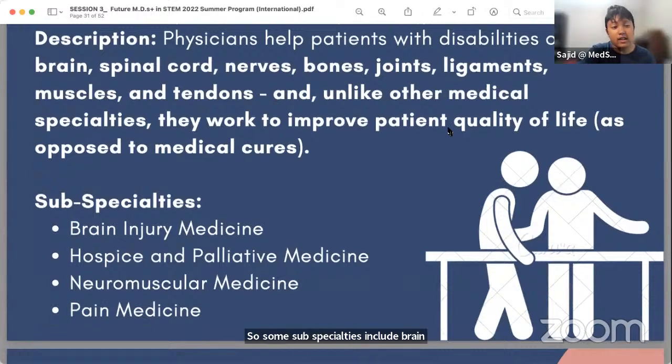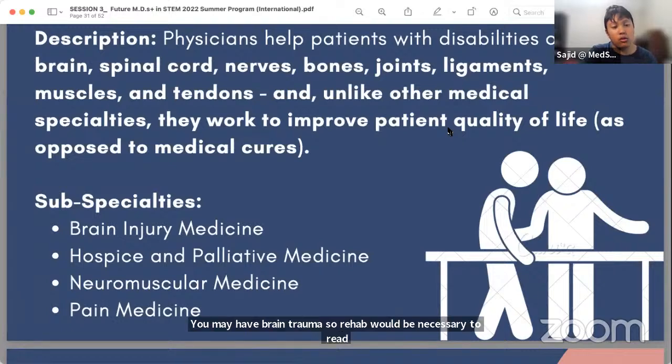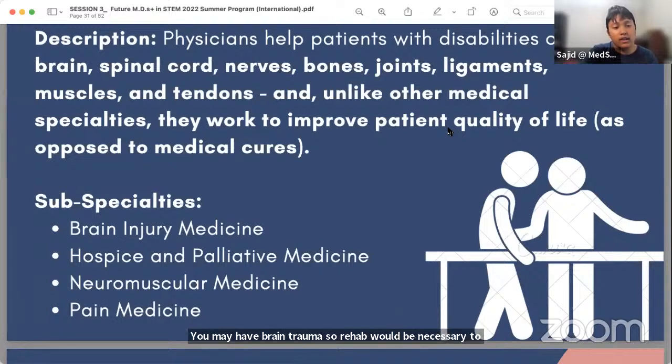So maybe in a car accident, you may have brain trauma. So rehab would be necessary to regain control of your brain. And then you have hospice and palliative medicine. So this is patients that are terminally ill.